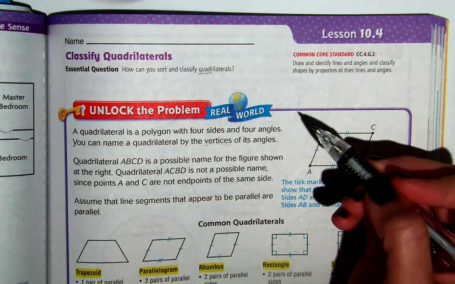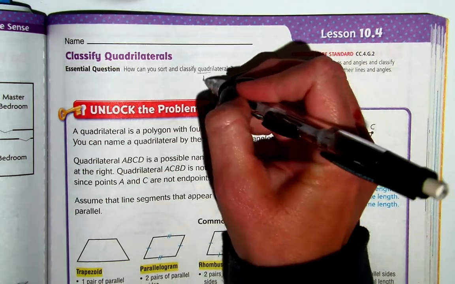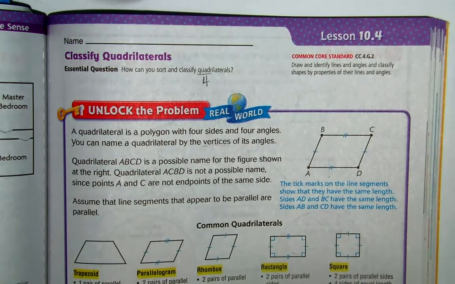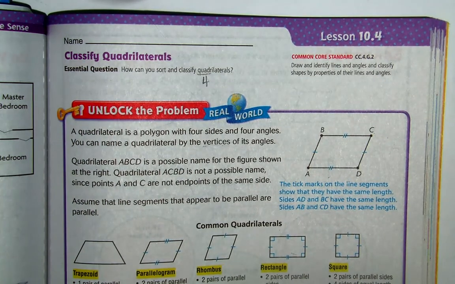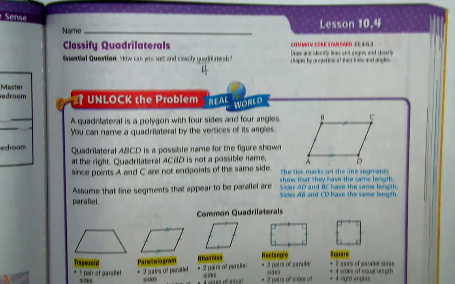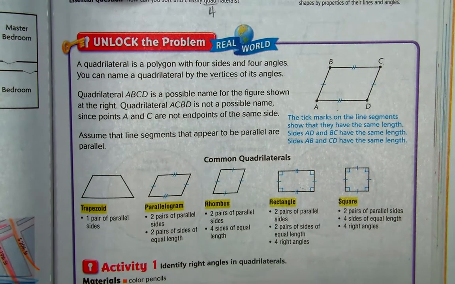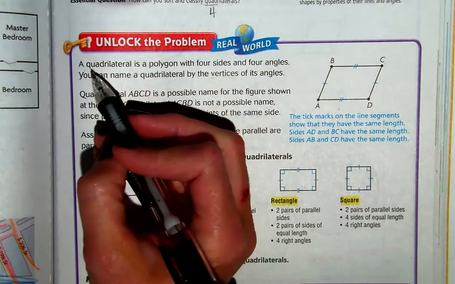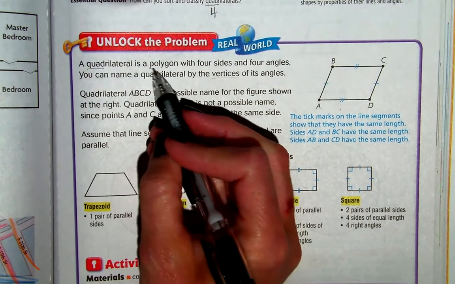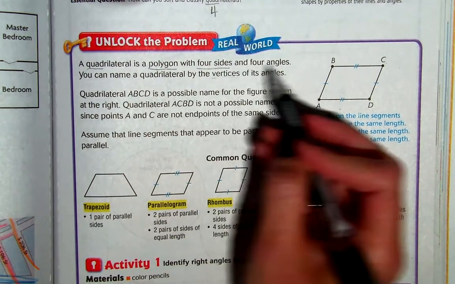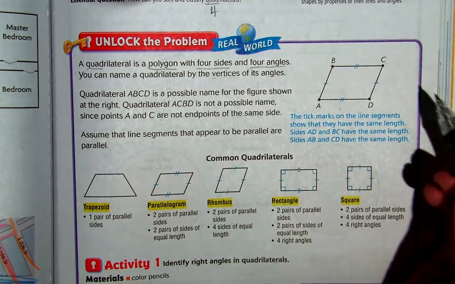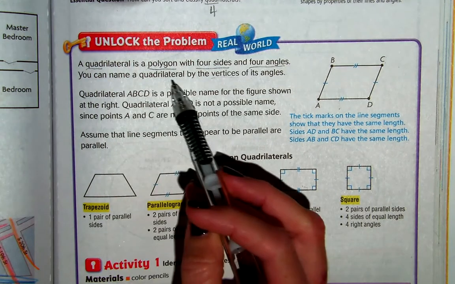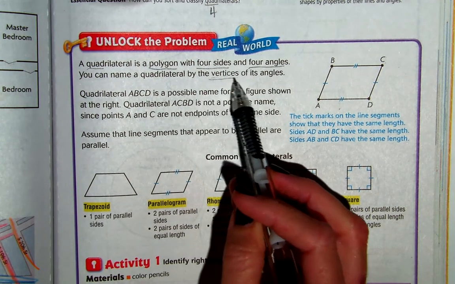We know that quad is a prefix that means four. And so a quadrilateral is any shape that has four sides. Under our unlock the problem, a quadrilateral is a polygon with four sides and four angles. You can name a quadrilateral by the vertices of its angles.